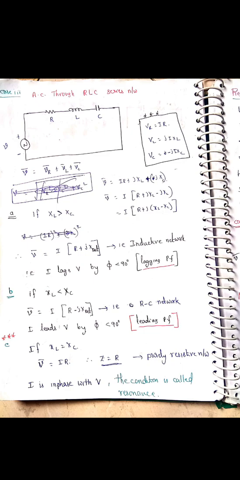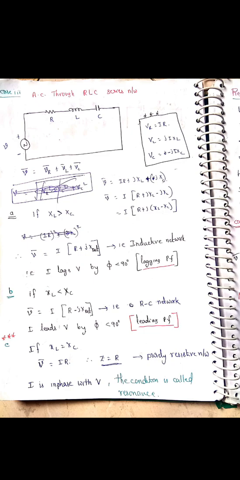VL is larger, so in VL minus VC, VL is dominating, meaning the resultant voltage lies near the positive j y-axis. The vector sum of those two gives the supply voltage, which leads. Supply voltage leads means current lags, so the nature of the network in this case is lagging.